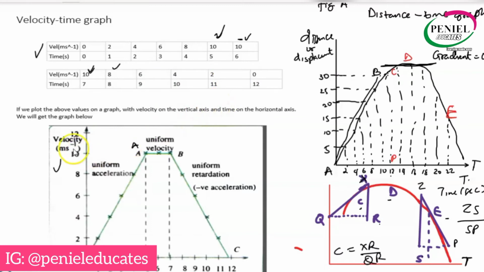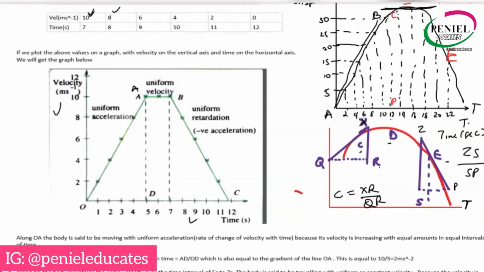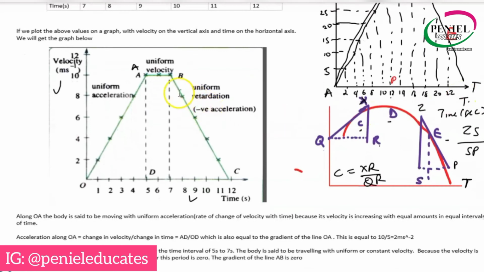So now, the acceleration is change in velocity over change in time.